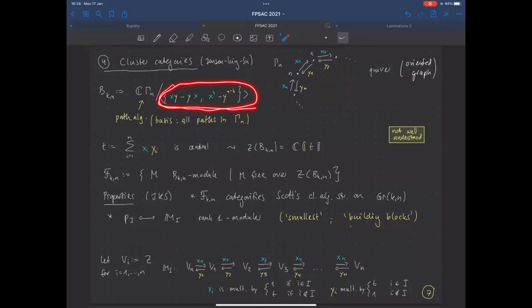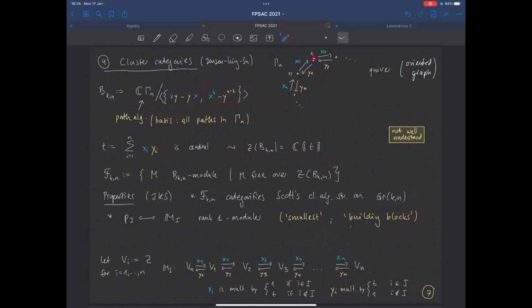It's going to be a little bit better because we take some relations. So we want that all these short cycles commute. So when I start at some vertex and I do first an x and then a y, it is the same as doing first a y and then an x. These are the relations, which I have one for every vertex. So x1, y1 with yn, xn, and x2, y2 with y1, x1. So that's the first part. This is just like a preprojective algebra picture. And the second one I need for the Grassmannian Kn.